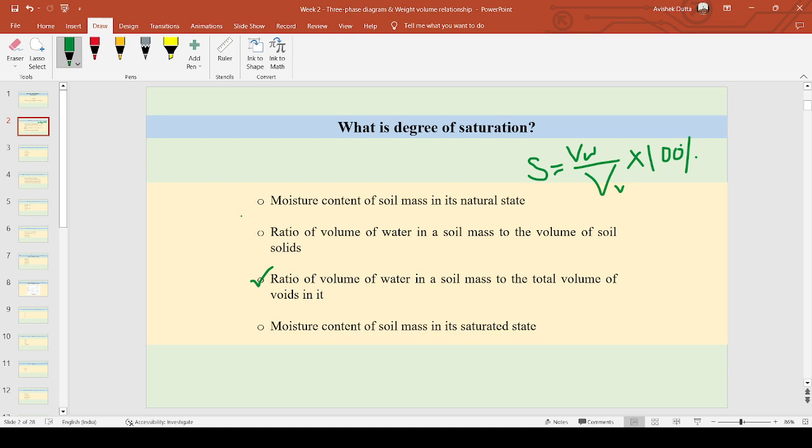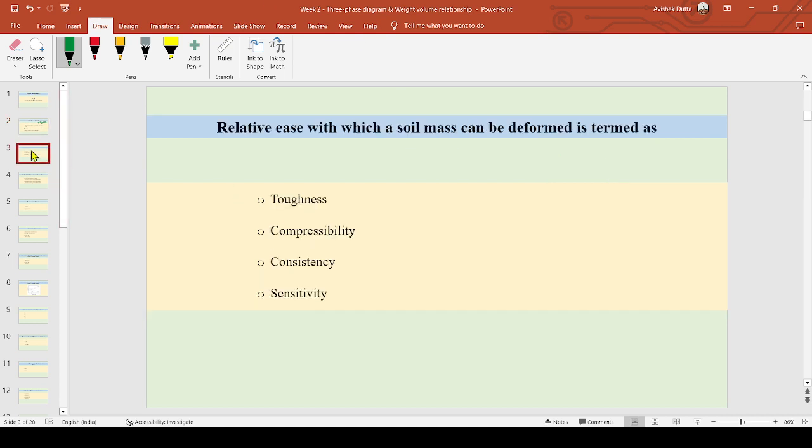The next question was, relative ease with which a soil mass can be deformed is termed as. What is the answer? Consistency. Yes, consistency. But in that case, you have to define the other three terms. Do you know the definition of the other three terms?